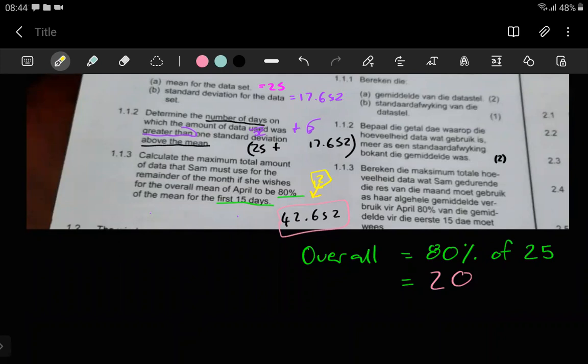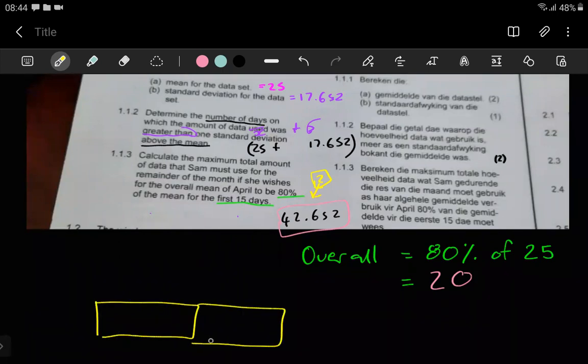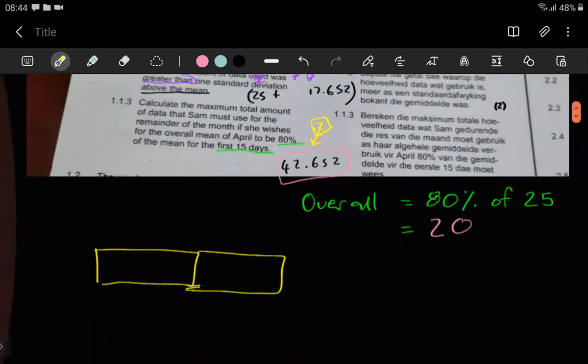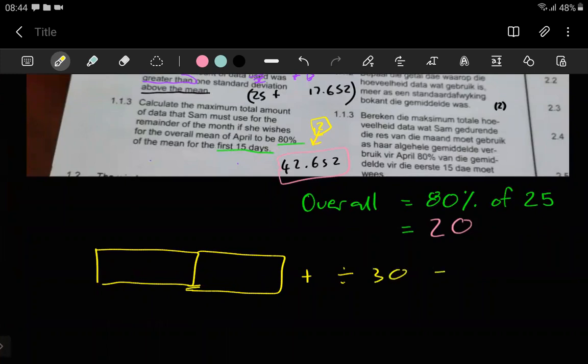So you ask yourself, how do you calculate mean? Here we have two batches, batch number 1 and batch number 2. Whatever these are, when you add them up and divide by 30, you should get 20, correct?